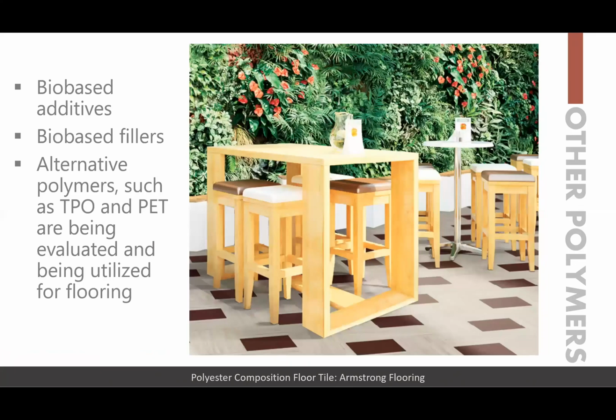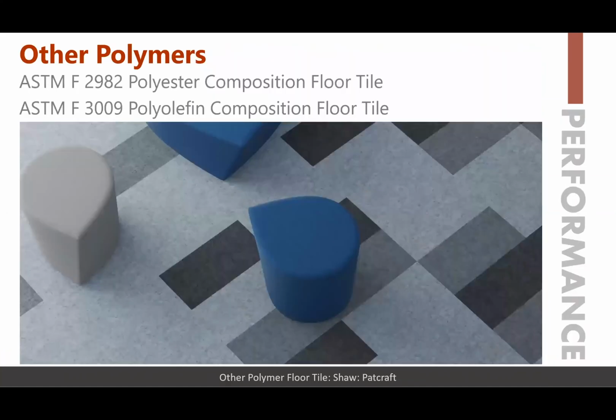Bio-based additives, bio-based fillers, and alternative polymers such as TPO and PET are being evaluated and utilized for flooring. There are performance standards for polyester composition floor tile and polyolefin composition floor tile, as indicated here in terms of ASTM standards 2982 and 3009.